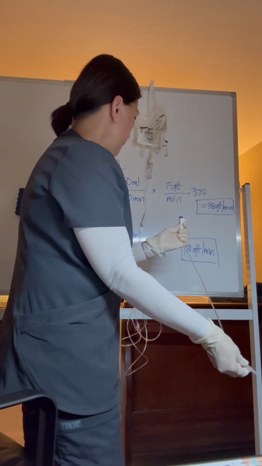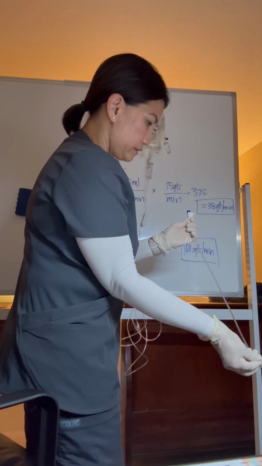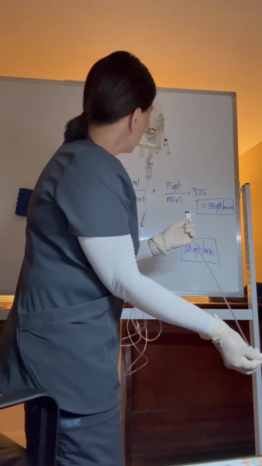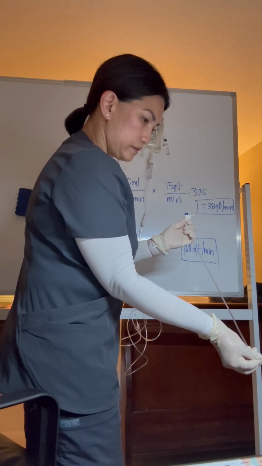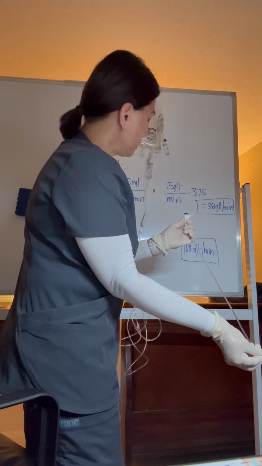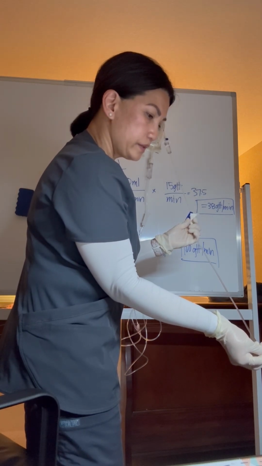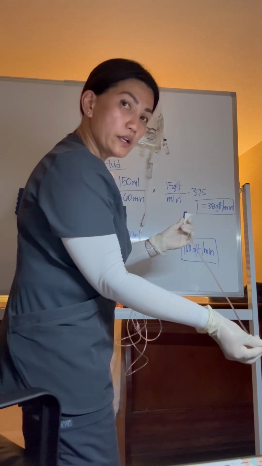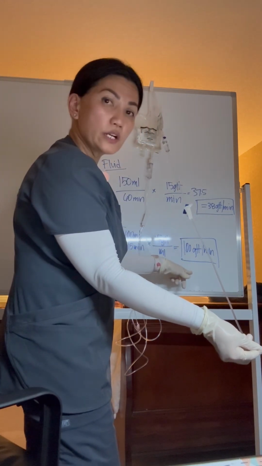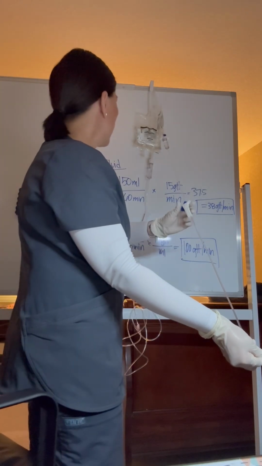Okay. Okay, now our line is primed. Now we're going to set our drip rate to 100 drops a minute. So we're going to count for a full minute.